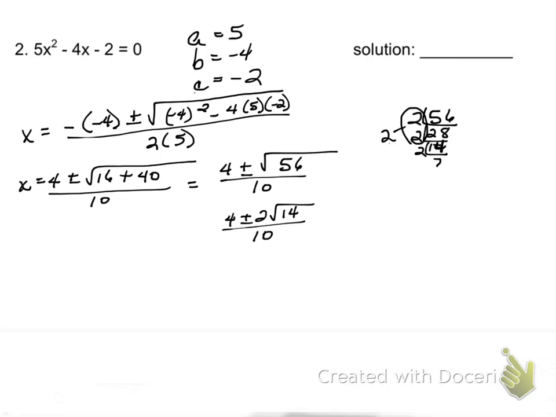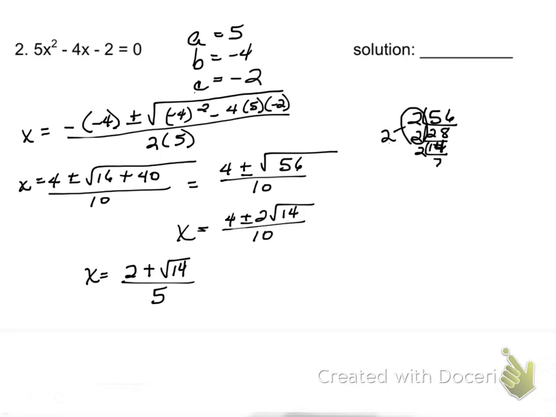Now we need to reduce the fraction. So when we reduce it, we have x equals, we divide everything by 2, so that's going to be 2 plus the square root of 14 over 5.